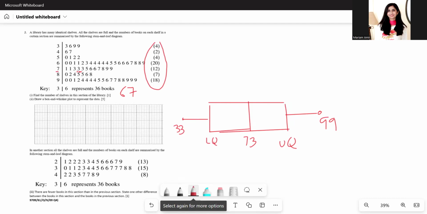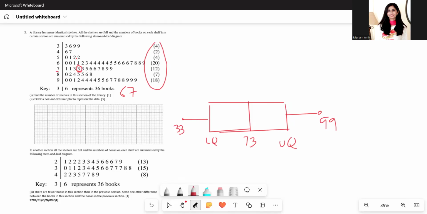Next is the lower quartile. How do we find the lower quartile? Count the number of values towards the left of the median. These would be how many data values? 4 plus 2 plus 4 plus 20 plus 3. That's 33 data values.